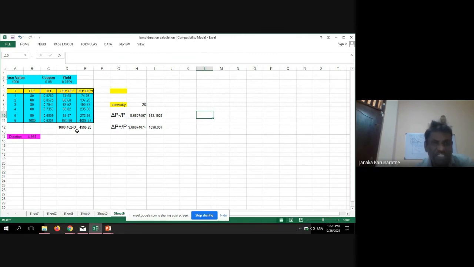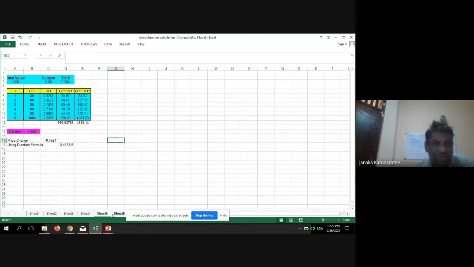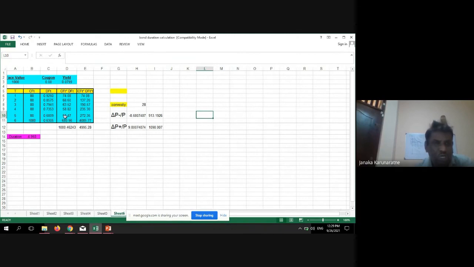So the difference is 0.46, right? If you compute the change using the same way as what we did here, you will see it is very close to 0.46243, right?